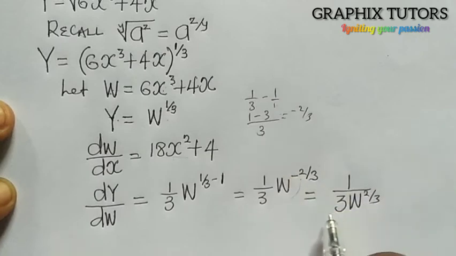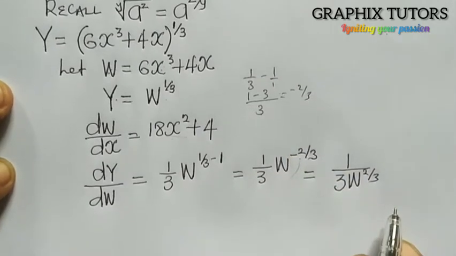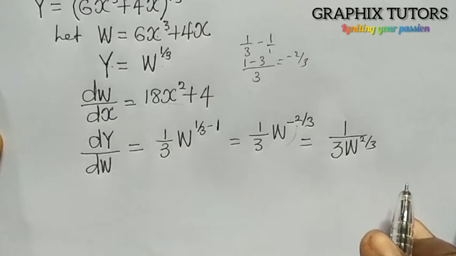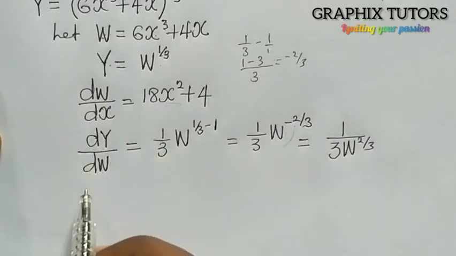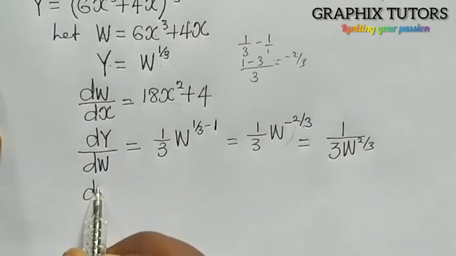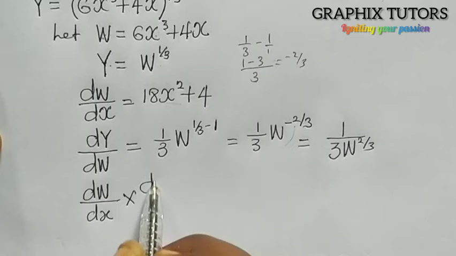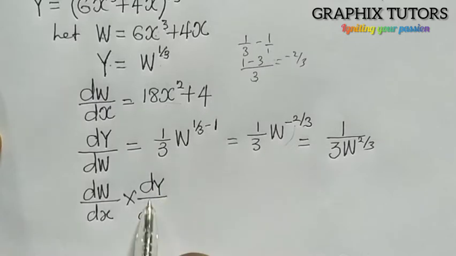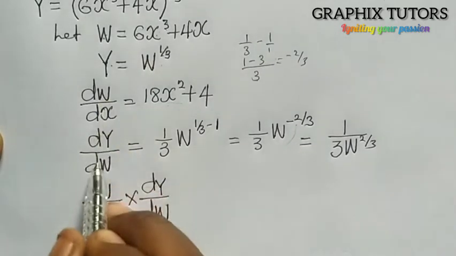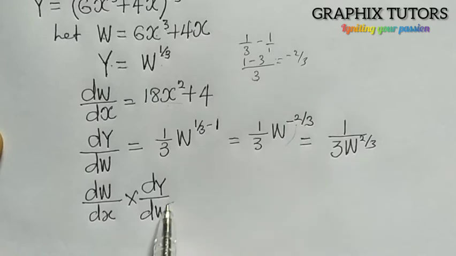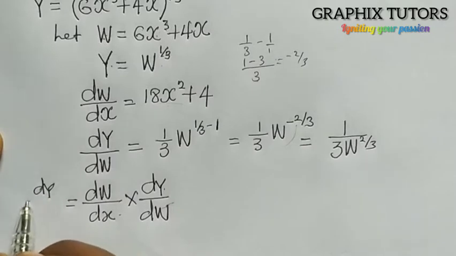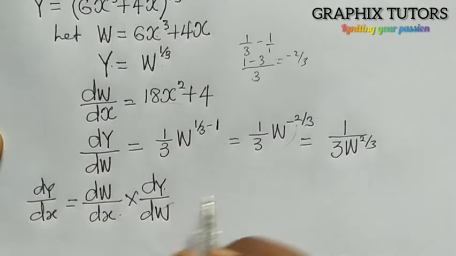So now I will multiply both of them. I will say that dw over dx multiplied by dy over dw. I'm multiplying these two. So you see that the w is going to cancel, and what remains is dy over dx.